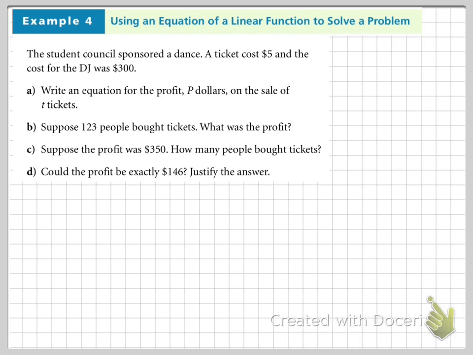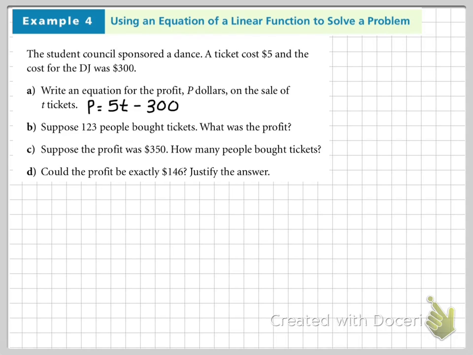Well, to come up with it, first of all, remember profit is going to be our revenue minus our costs. So P, our profit, is going to be our total revenue, which would be 5 times every ticket sold, so 5T. And then our cost is for the DJ, so that would be minus 300. So there's my equation. P is equal to 5T minus 300.